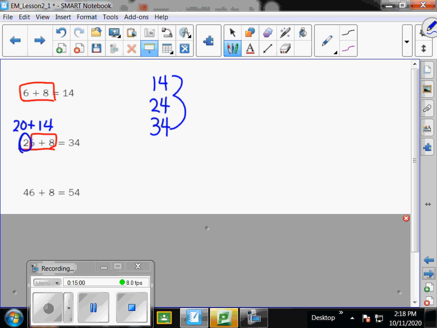Again, I want us to keep our focus on this first original small problem. If you know that 6 plus 8 is 14, what more do you have in this problem? You've got 40 more, right? So it's going to be 40 plus the 14.